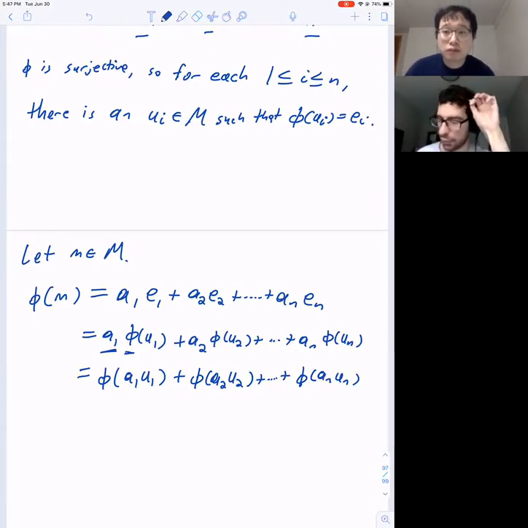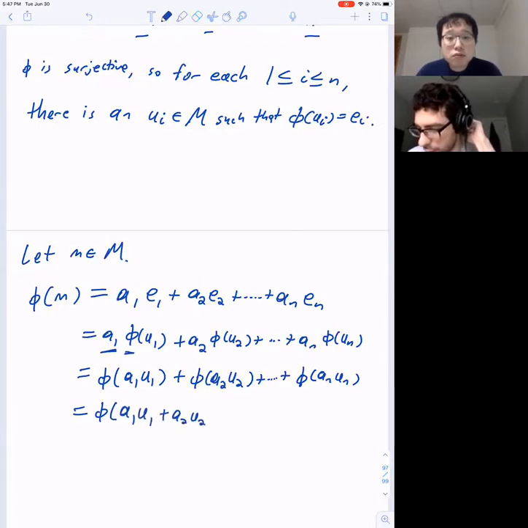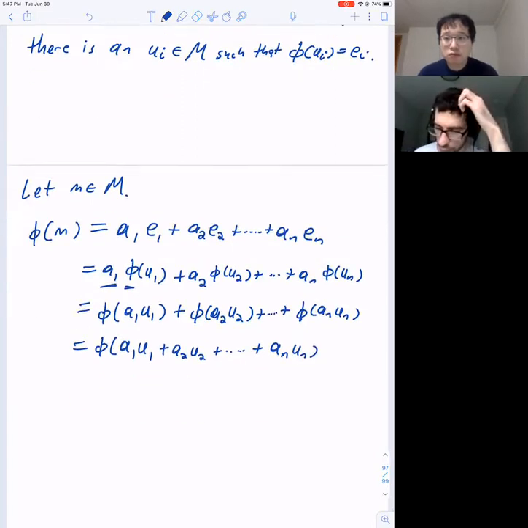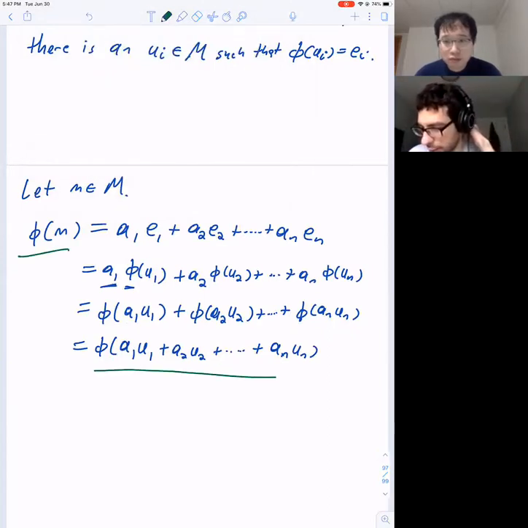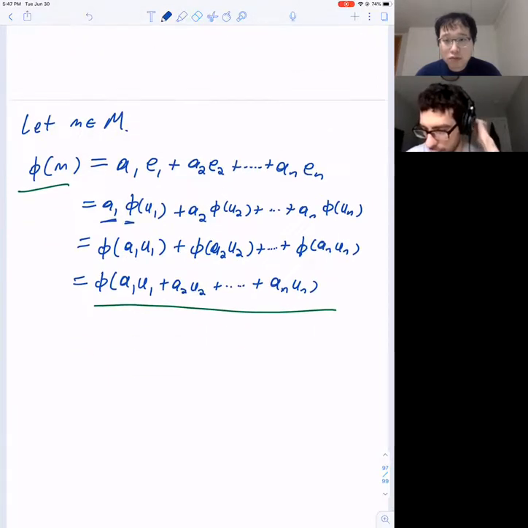Okay, so we have a sum of n different elements like this, but remember, phi is a group homomorphism, so this is a1 u1 plus a2 u2 plus ... an un. Now it's clear to see that this is equal to this, so their difference is 0.